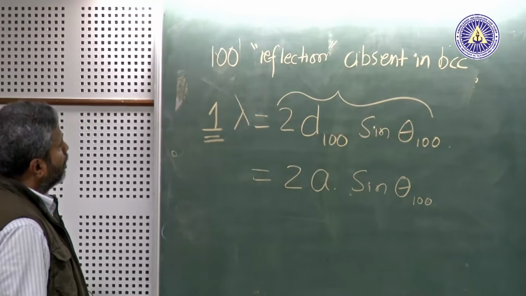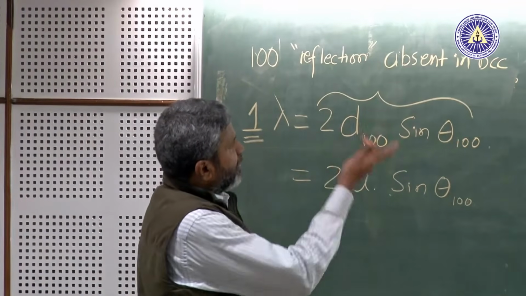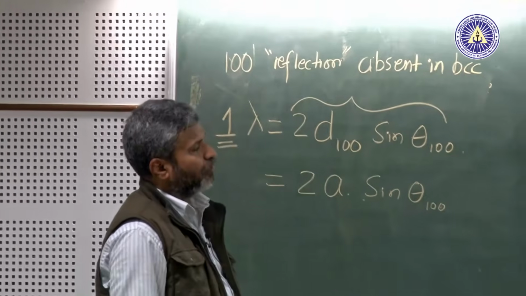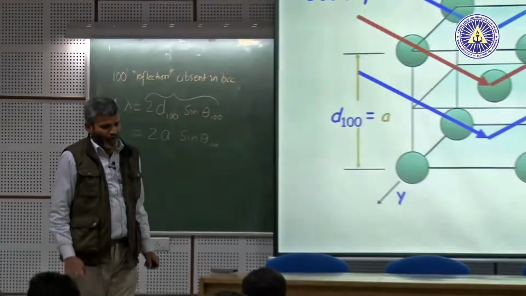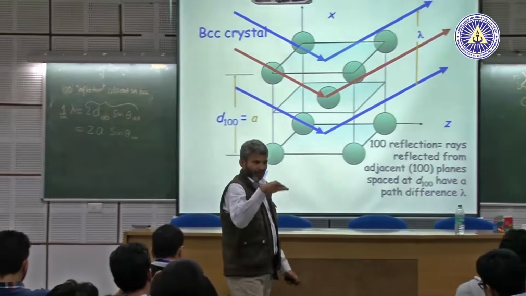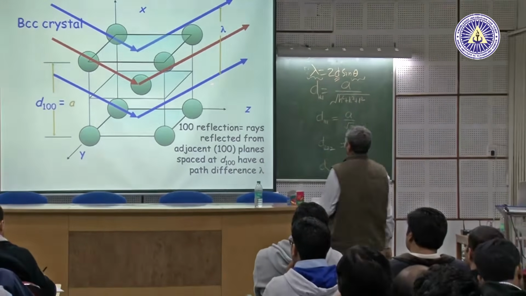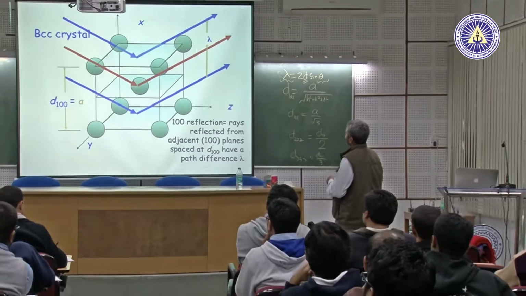Okay. 100 is absent. Does that mean that I will never get reflection in this direction? Now, if I want to get reflection from these horizontal planes of atoms, what should I do? How much path difference should I make?